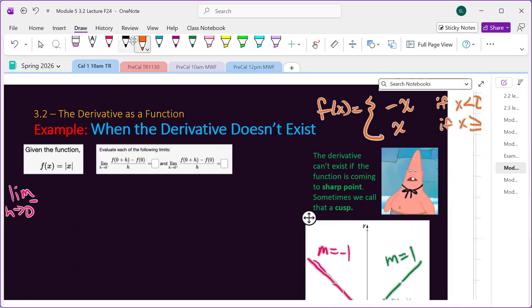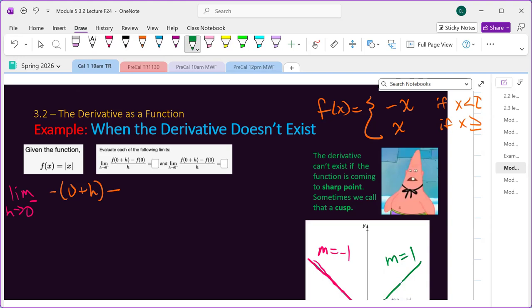So I'm going to do the negative of 0 plus h, minus my function formula, which is the negative of 0, all divided by h.